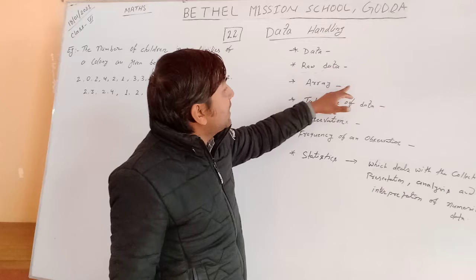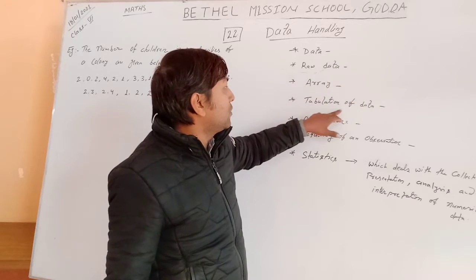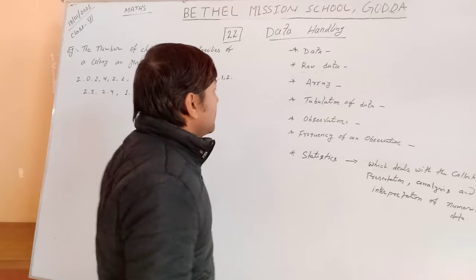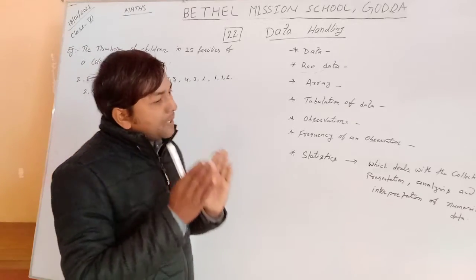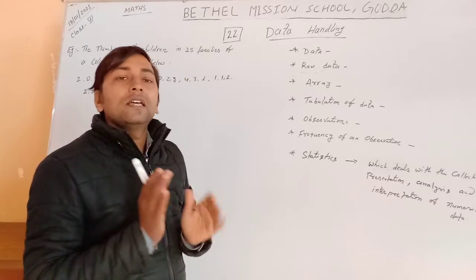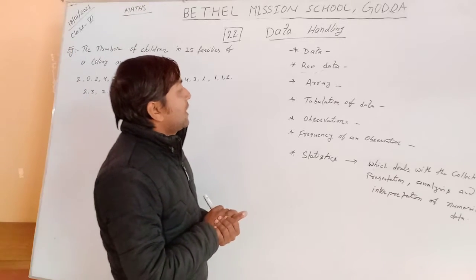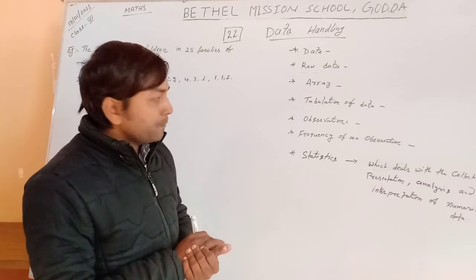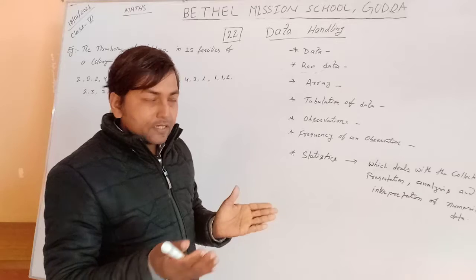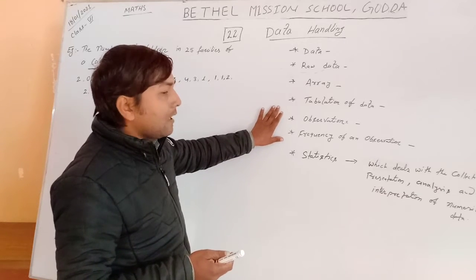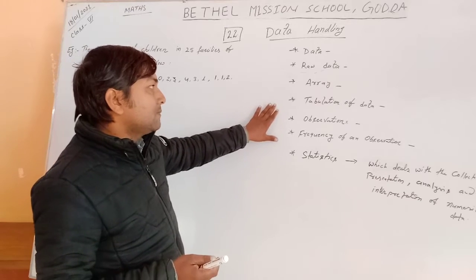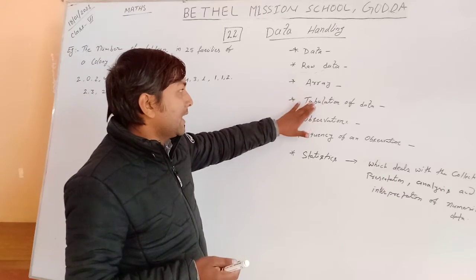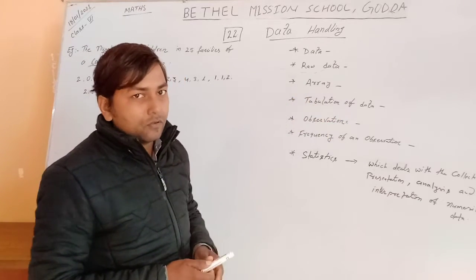Okay, and when you represent the data in a table, that is known as tabulation of data. First, I will arrange the data in tabulation form.